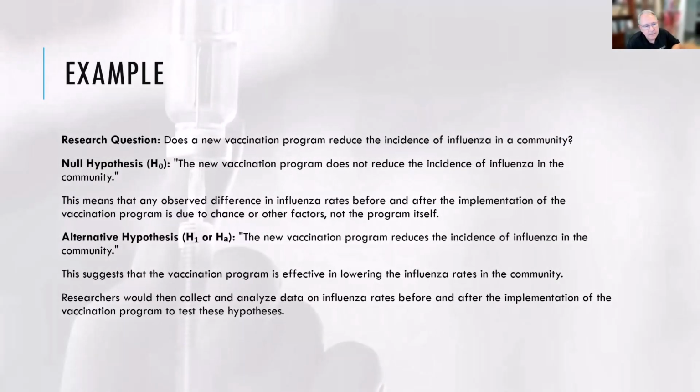When they say the study was statistically significant at a p-value, what they have tested is the null hypothesis, and they have rejected the null hypothesis. So I'm going to reject the null hypothesis that today is not hot. Therefore, I can accept the alternative that it is hot.